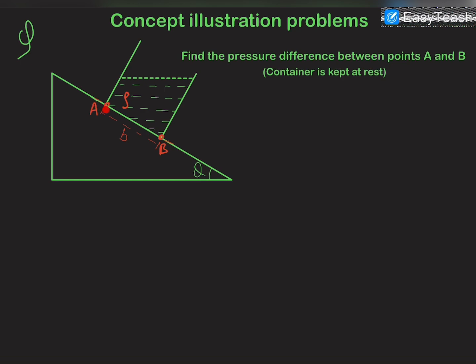So this container is kept at rest on this inclined plane, and we have to find out the difference of pressure at B and A in terms of the variables which are mentioned on the screen. The variables given are only rho, this is b, and this is theta. So by using these three variables, we have to write down the difference of pressure between B and A.